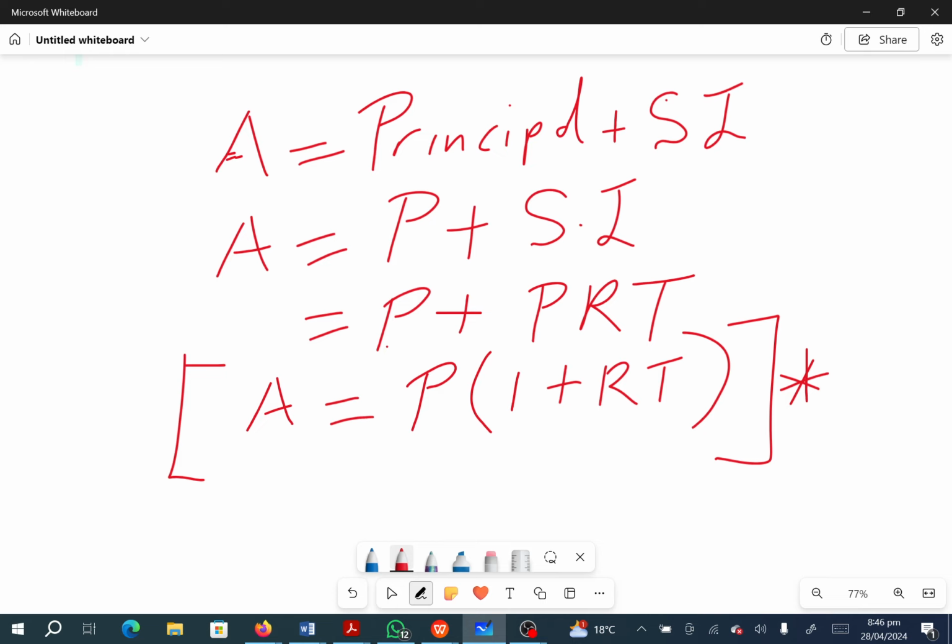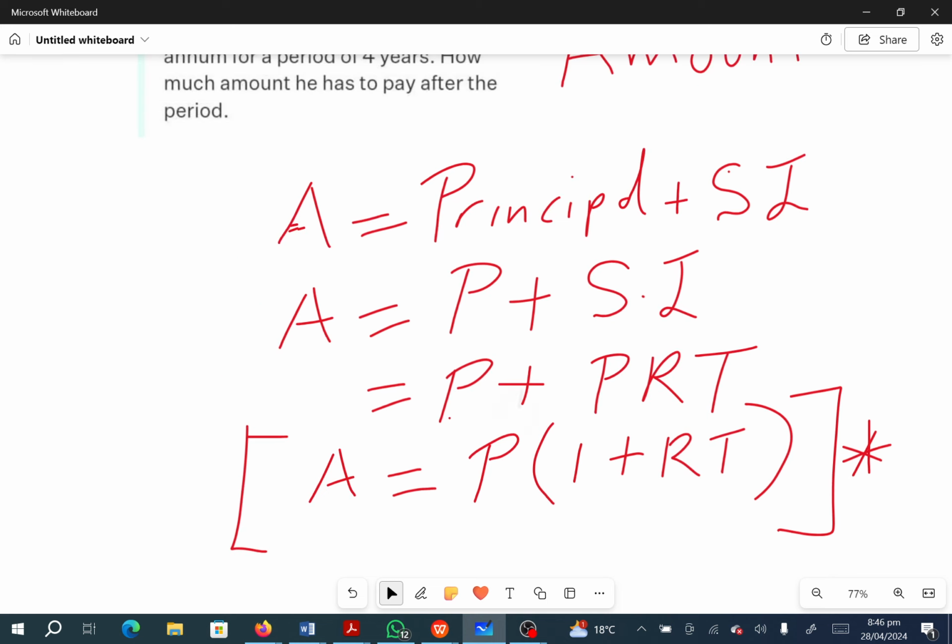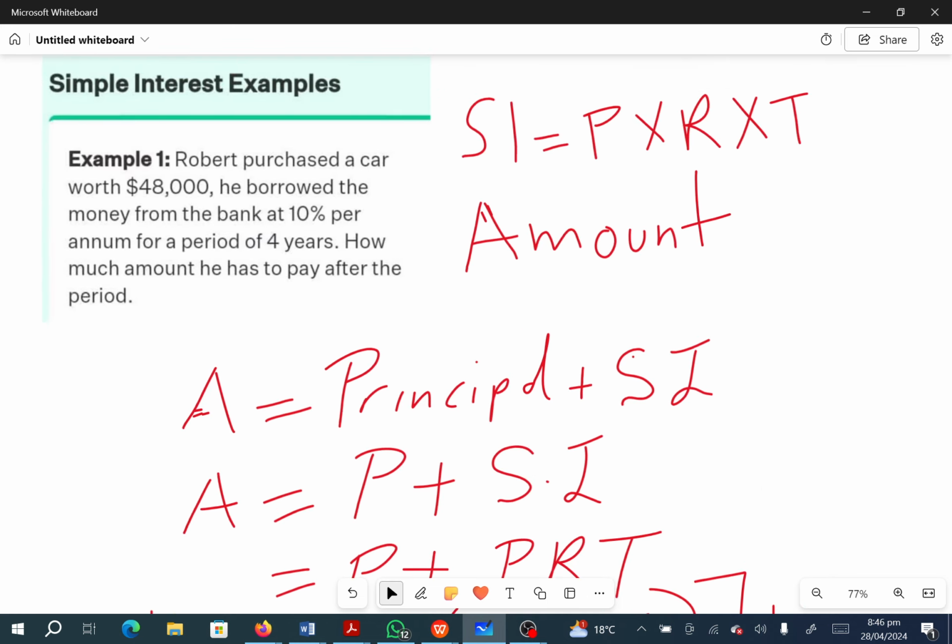So now let's go back to our example. We are told that Robert purchased a car worth $48,000. He borrowed the money from the bank at 10% per annum for a period of 4 years.